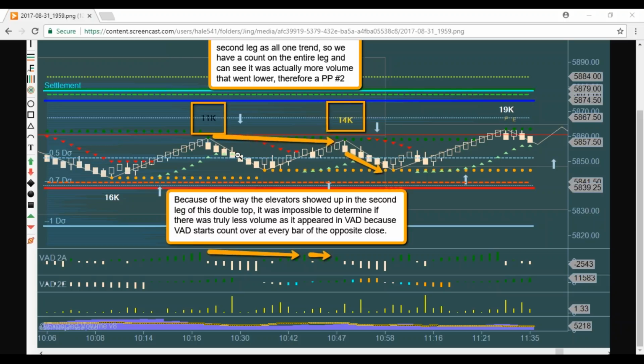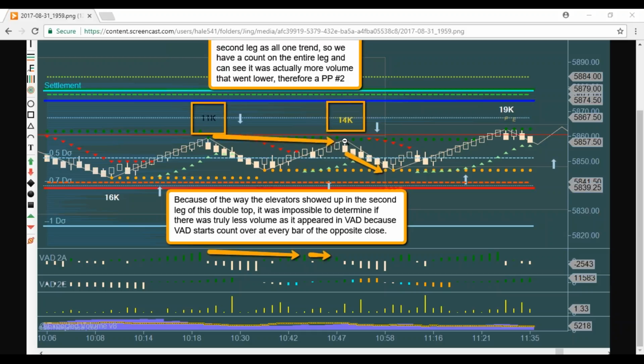Okay? So the market came up right here, made a high, right? Everybody see that? Market came down, market pulled up here. It did not get as high, did it? For a number 1, what do we want? For a number 1 setup, we want it to go higher on less volume, right?